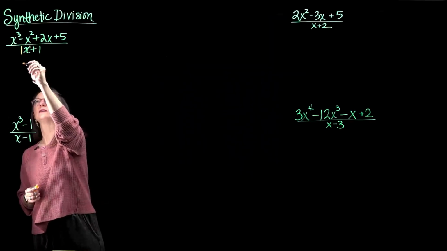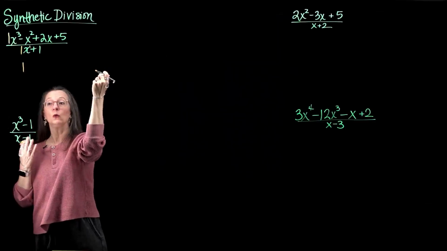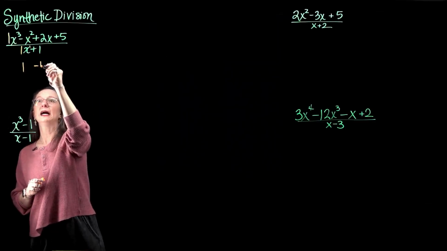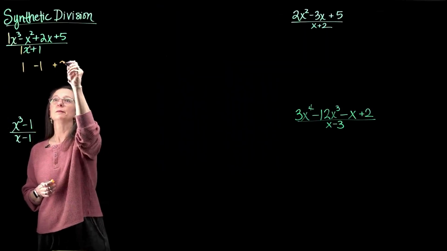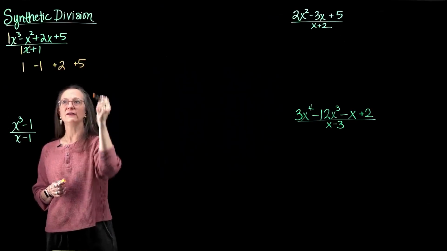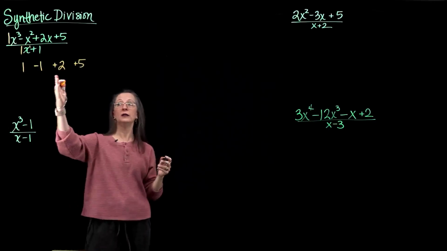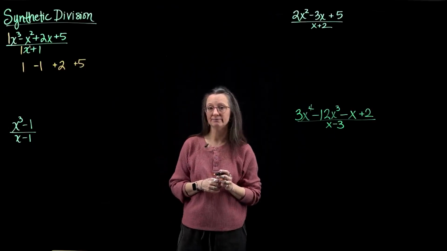All right, so I'm going to write those coefficients. I would have a 1x cubed, so I would write down 1, then minus 1 for minus x squared, then positive 2, and then positive 5. So across the top: 1, minus 1, positive 2, positive 5.